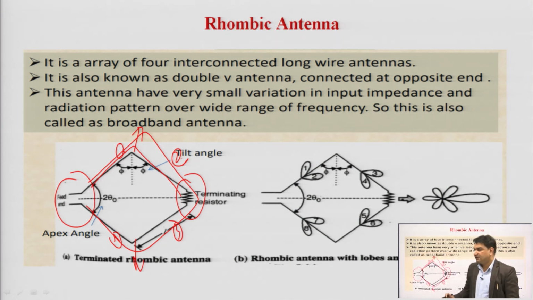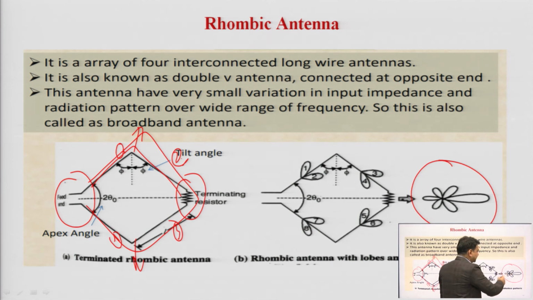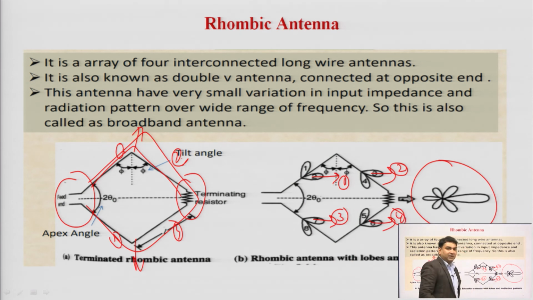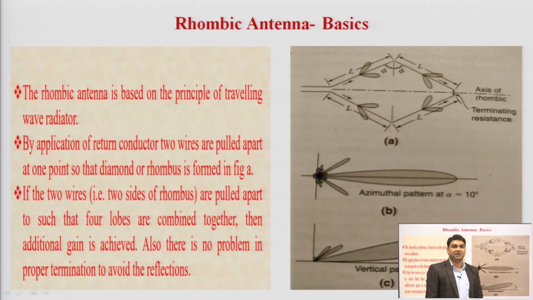So, simply, this is the complete resultant radiation pattern in which all these, 1, 2, 3 and 4, all 4 radiation patterns in one particular direction are combined together to form the major lobe of the radiation pattern of the rhombic antenna.